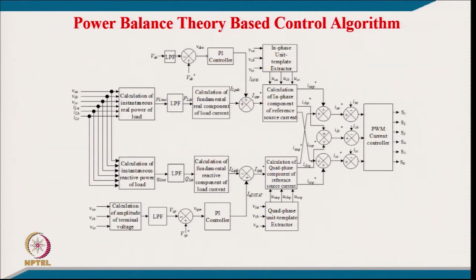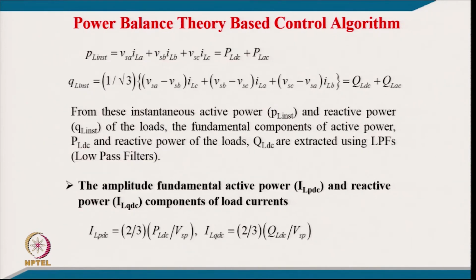I have indicated this only for voltage regulation here. If you make this 0, the control scheme is automatically modified for power factor correction. Just make this 0, so the control is for power factor correction, but if you allow this, it is for voltage regulation. Well, these are the expressions of the power balance theory based control algorithm.